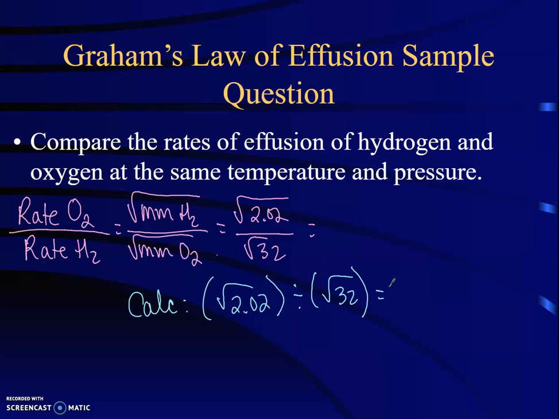and what we would get now is, grab your calculator, square root 2.02 divided by the square root of 32, and you would get 0.597. So what does this number mean?